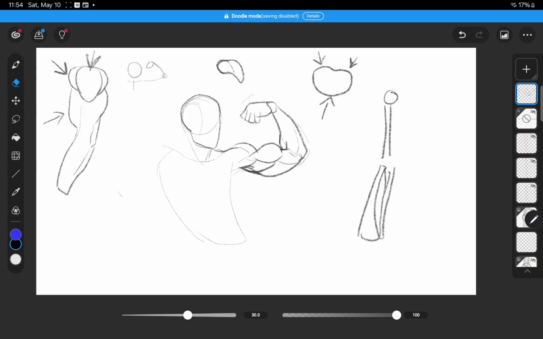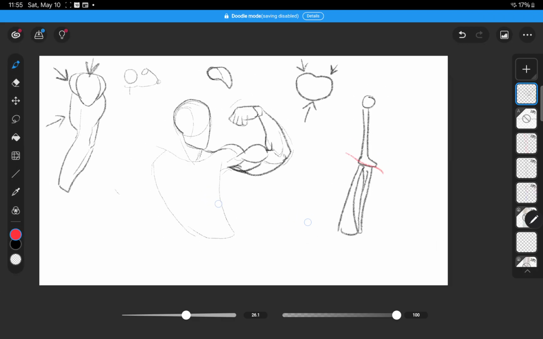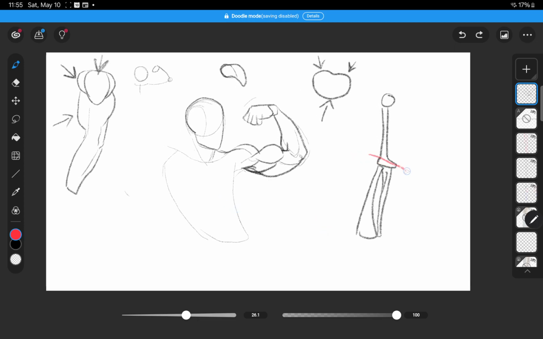So usually the axis of this bone goes like that. Yes. So this would be like the shoulder, you have your triceps, and you have your forearms. Right. So usually it goes like that, which I could have illustrated better.